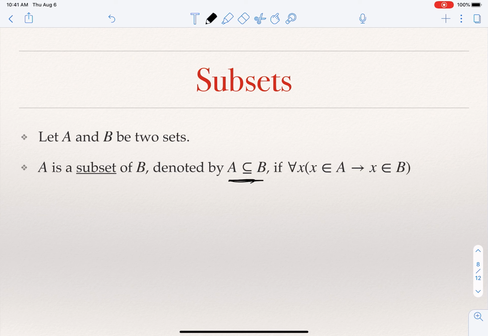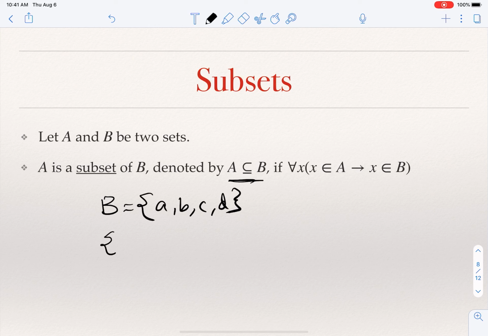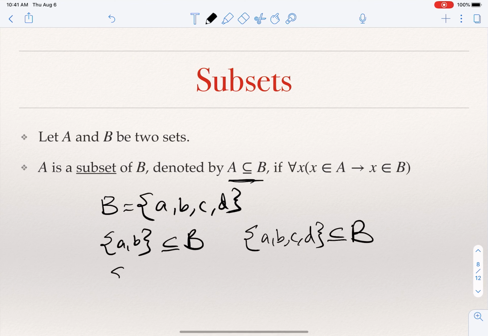So for example, if B is the set A, B, C, D, and for example, AB is a subset of B, right? Because every element in the set AB is also an element of B. The same thing, A, B, C, D is a subset of B. One element as well here is a subset of B. In particular, the empty set is also a subset of B, because every element in the empty set is an element of B, because there are no elements in the empty set.